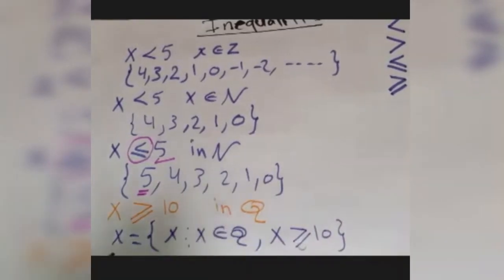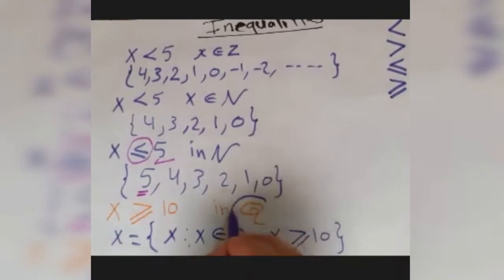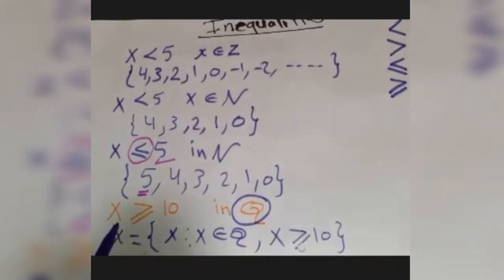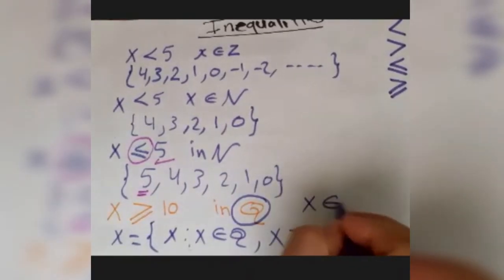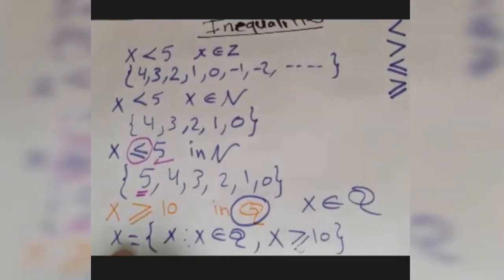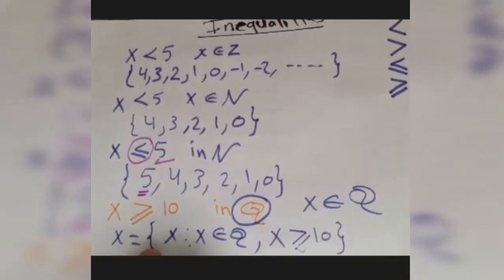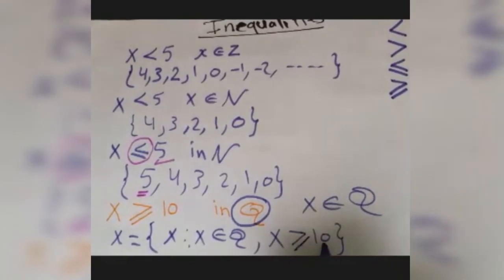Again, we can write the solution set by this method in Q: x greater than or equal 10 in Q, we can write this form. S equals the set of x such that x belongs to Q and x greater than or equal 10.